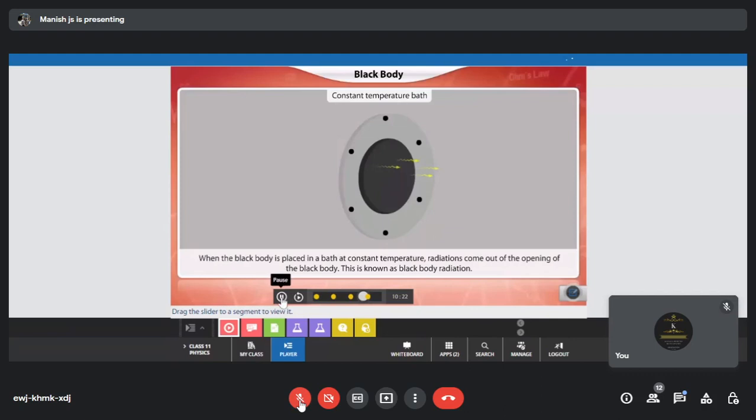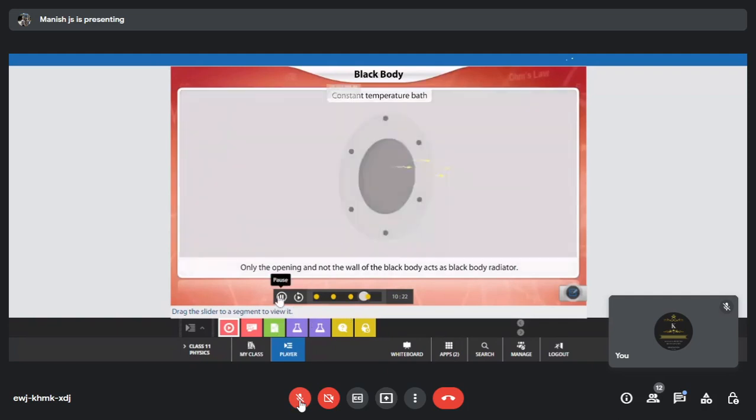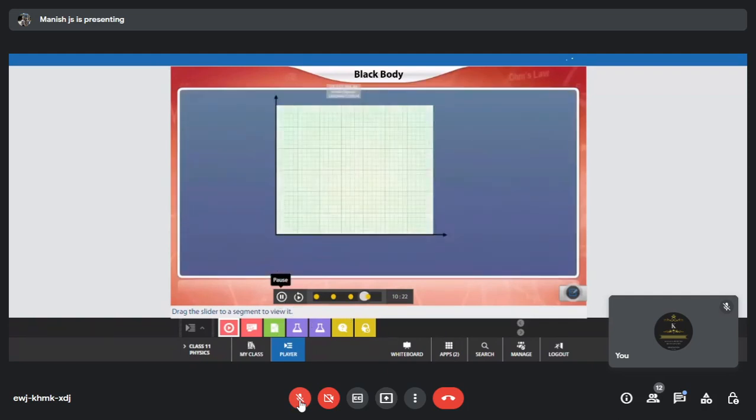Note that only the opening and not the wall of the black body acts as the black body radiator. The graph shows the variation in the intensity of black body radiation against wavelength for 3 different temperatures.